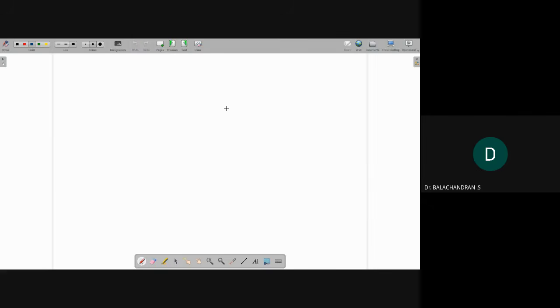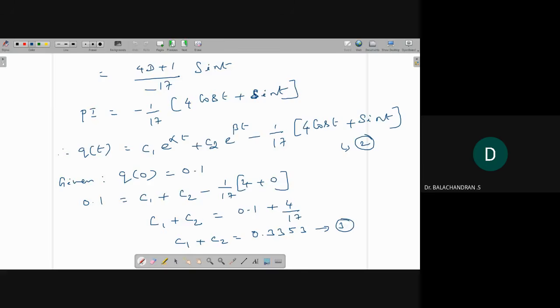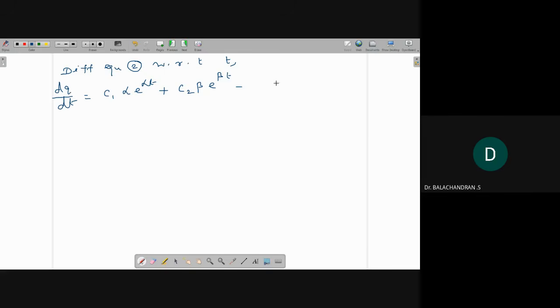And then if you differentiate this, minus 1 by 17 into minus 4 sin t plus cos t. So please check it.